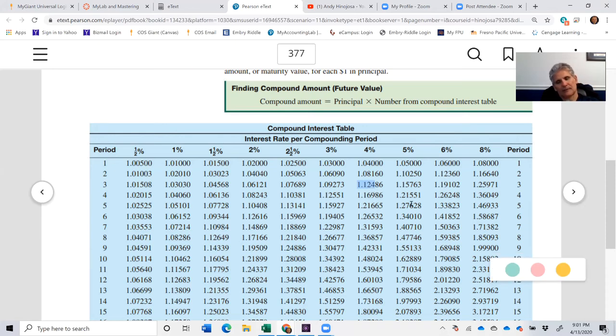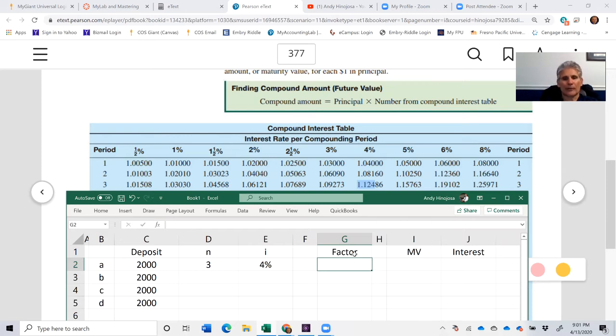1.12486. That's what we're going to refer to as a factor. The factor, what we're going to use to compute all this, is 1.12486. We'll take the deposit, we'll multiply it by the factor at the end of 3 periods at 4% per period.